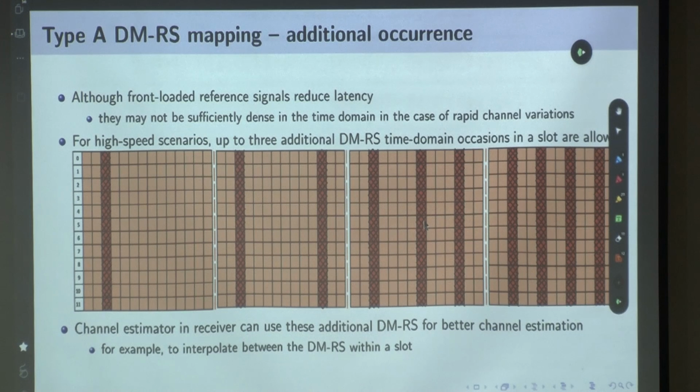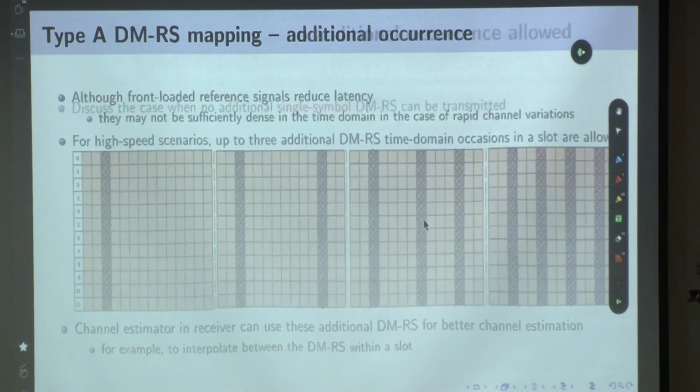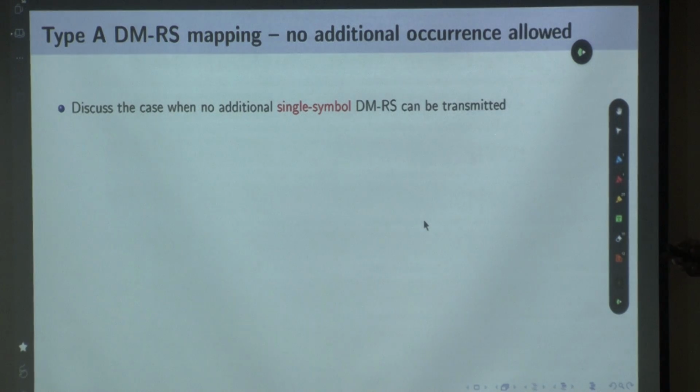So is this clear? What are we showing here? That in certain scenarios these additional occurrences are allowed, and in certain scenarios they are not allowed. I'm looking at the single symbol DMRS where additional occurrences are not allowed.